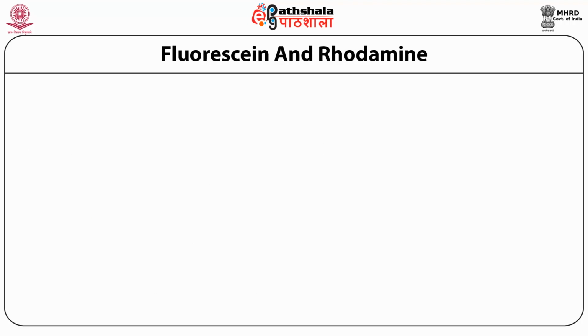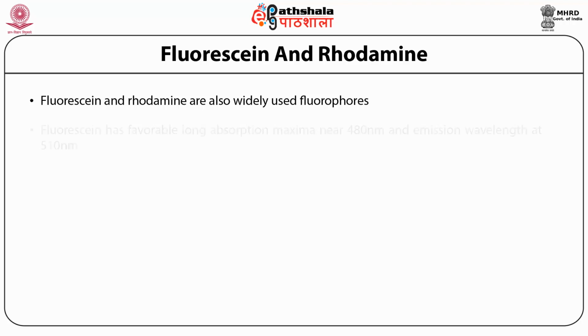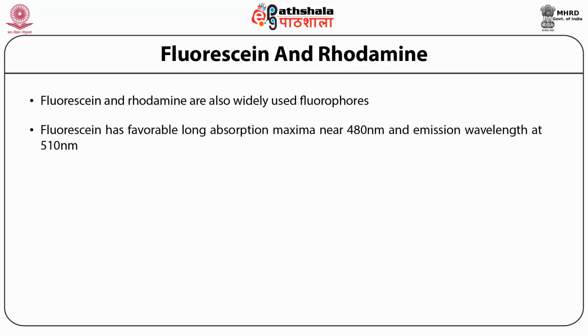Other reagents or fluorophores that have been used in protein labeling include fluorescein and rhodamine. Fluorescein and rhodamine are widely used because of their favorable long absorption maxima near 480 nanometers and emission wavelength in visible range of 510 nanometers.